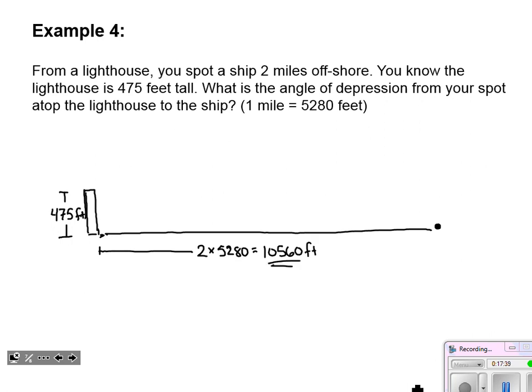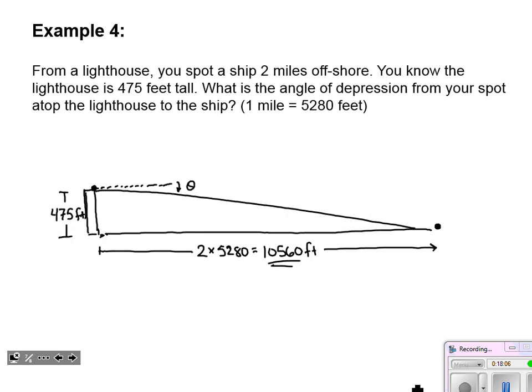So we're going to want to use that label to measure over to the ship. Now, angle of depression. This is a vocab word that we may not be familiar with. If we're standing up here on top of this lighthouse, if we were looking out perfectly horizontal, and then we turned our line of sight down to look directly at this ship, what would that angle be?